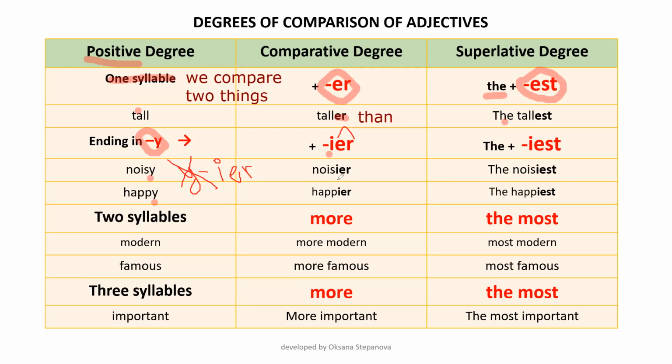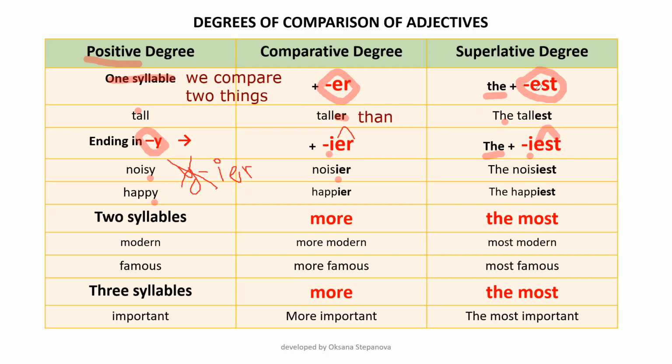Remember to pronounce the i as though it was y, however it is i, but we still pronounce it as a final y. And we say noisier, happier. This is something maybe to remember for many students. In the superlative degree, we use that i plus est.